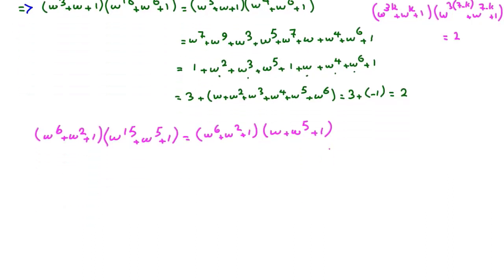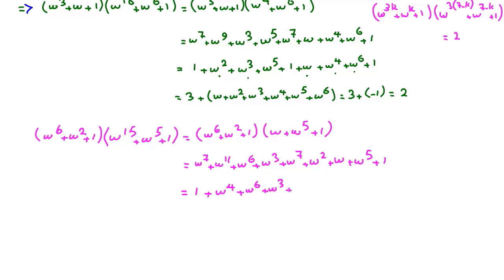Now, if we calculate this, it will be W6, W7 times W plus W11 plus W6 plus W3 plus W7 plus W2, W1, W squared. Next one, 1 to all of them. It's W plus W5 plus 1. Okay. Now, W7 is 1, so it will be W4 plus W6 plus W cubed plus 1 plus W squared plus W plus W5 plus 1.